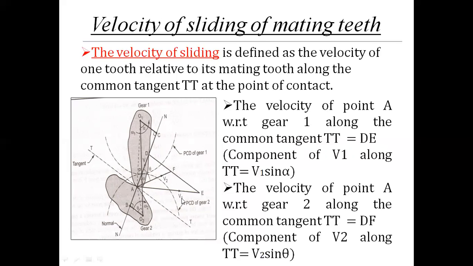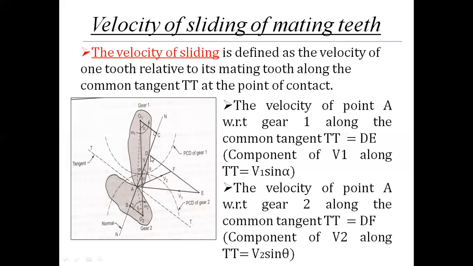V1 is the velocity of point A on gear 1, and the velocity of the same point A on gear 2 is V2, where V1 and V2 are the linear velocities of point A on gear 1 and gear 2 respectively.